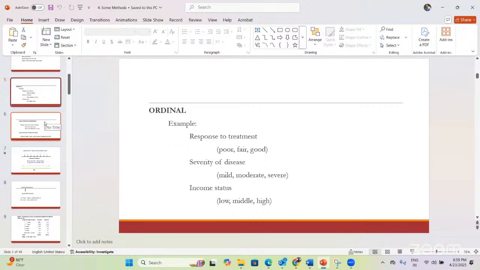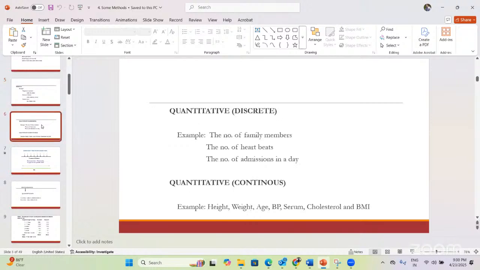And what is the quantitative information? That is based on numbers, such as total number of family members, total number of heartbeats, total number of admissions. This is a number, we can say 2, 5, 10, 20. So this is different from the other kind of data structure we have.